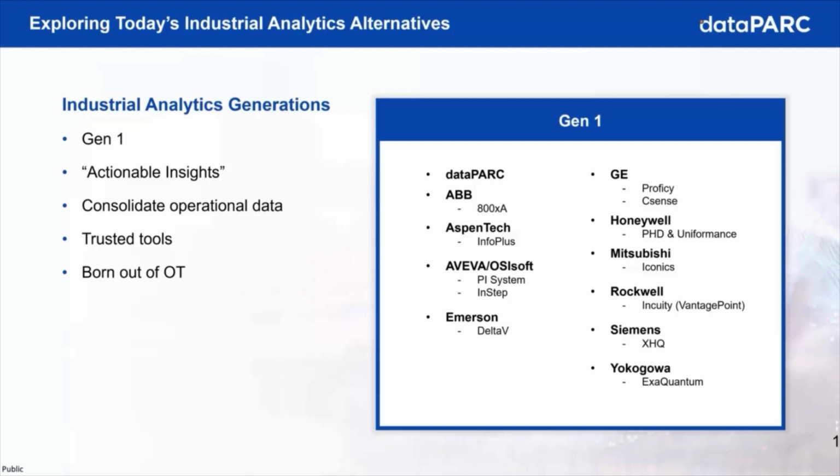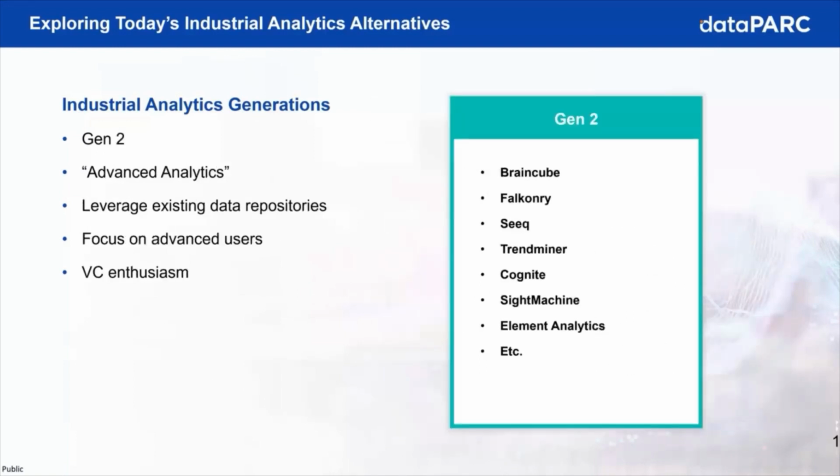The Gen 2 companies were more in the advanced analytics area, really focusing on a more specific user and persona in the market, and rather than managing data, this is more about leveraging existing data sources for these advanced analytics. One difference at the Gen 2 stage is being more VC backed, so more startup companies with venture capital backing them versus being part of a large automation industrial company.